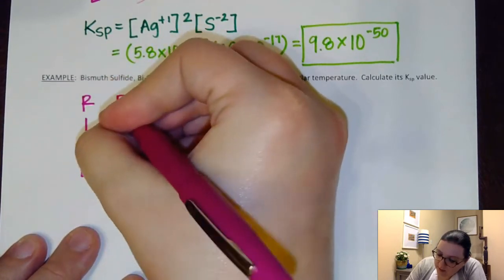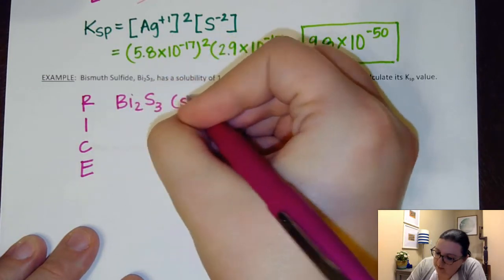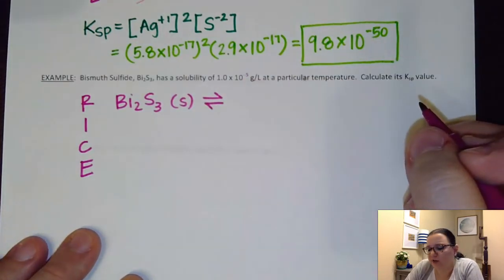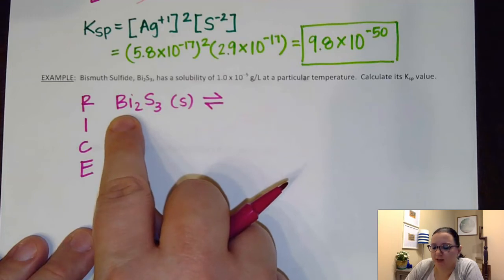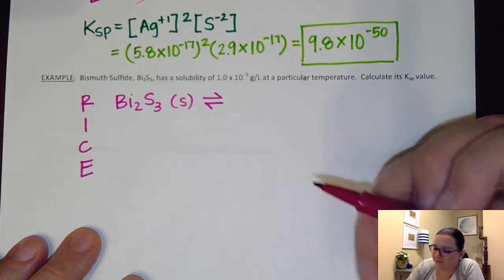I know I have the Bi2S3 to start off with, and that is going to start off as a solid. Now, as far as my ions are concerned here, I kind of need to use the sulfur to figure out the bismuth charge. They kind of left something out on the name here for this guy to make us work for it, if you will.